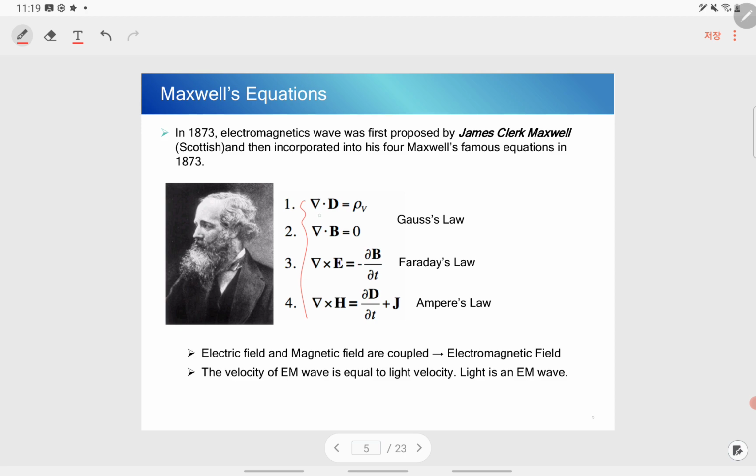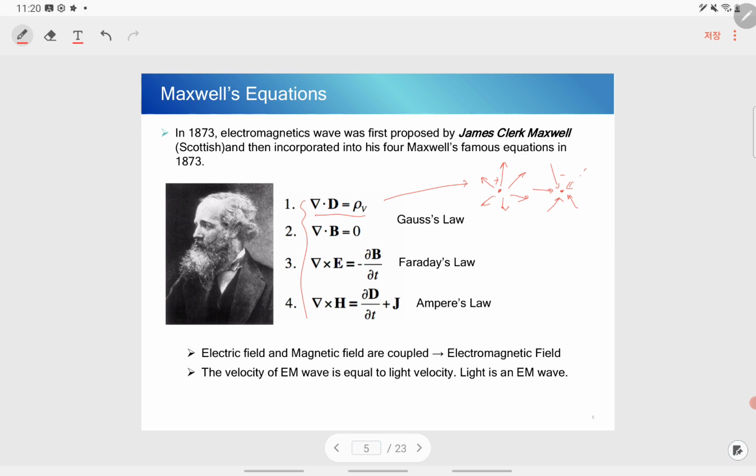The first one is about the electric field: divergence of D, where D is the electric flux density. The electric field flux is generated from a plus charge and diverges; if we have a minus charge, the field converges. This is the first law.